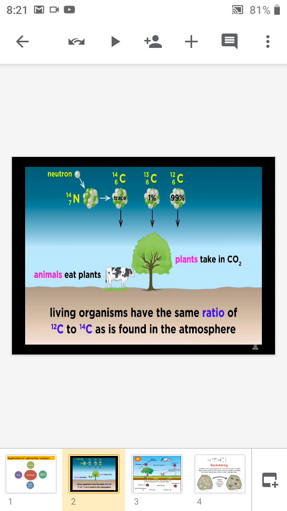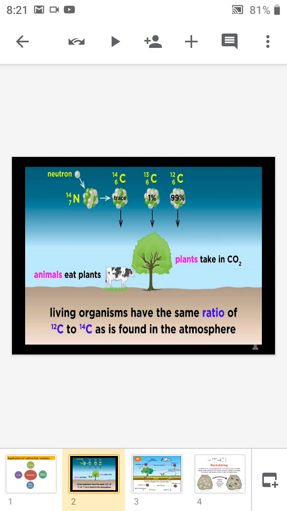Among these, C14 is radioactive, and only a very trace amount of C14 is present in the atmosphere. This radioactive carbon reacts with the oxygen in the atmosphere and is readily converted into carbon dioxide. Similarly, the other isotopes of carbon also react with oxygen to form carbon dioxide.